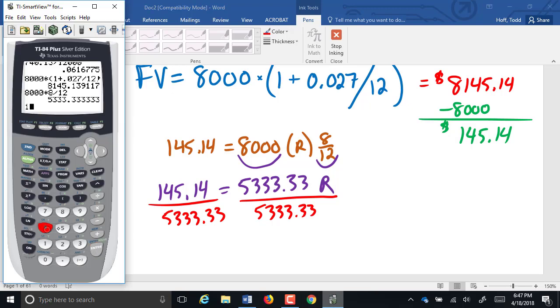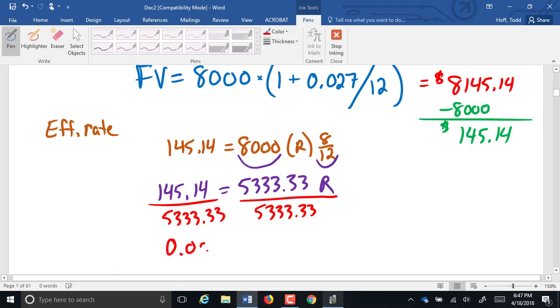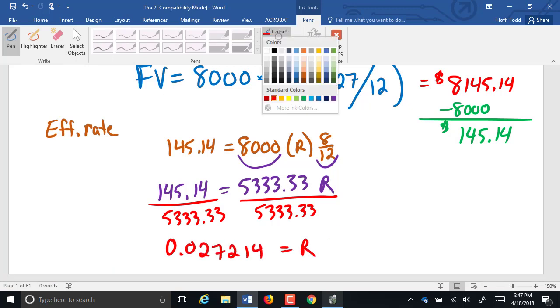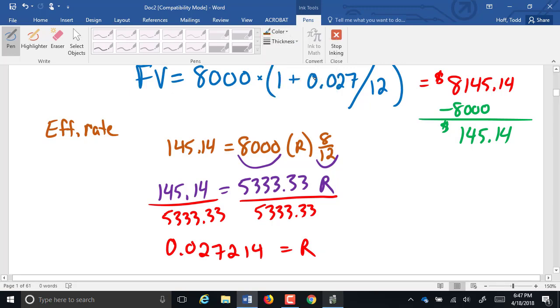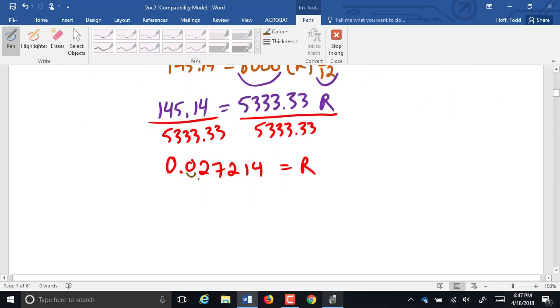I'm going to type in 145.14 divided by second answer, ANS, down by your equal sign. Like 0.027214 equals R. I'm going to move my decimal 2 spots to make that a percent. 2.7214%.